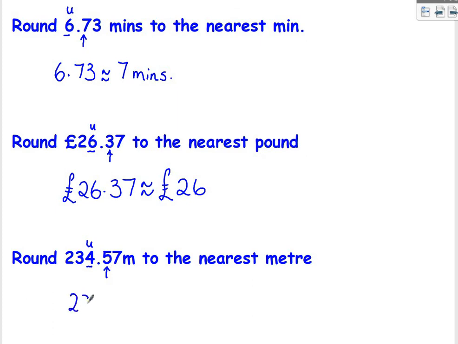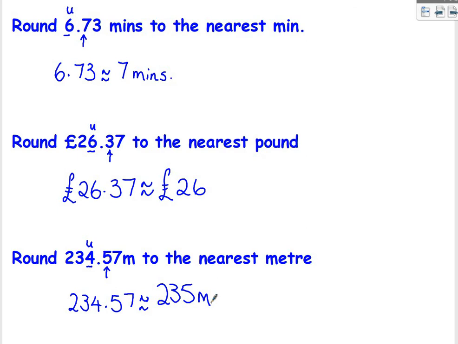So 234.57 is approximately equal to 235 metres. We had to increase the 4 to a 5 because there was a 5 after the decimal point. And remember, 5 or more after the decimal point means you round up the value in the units column.